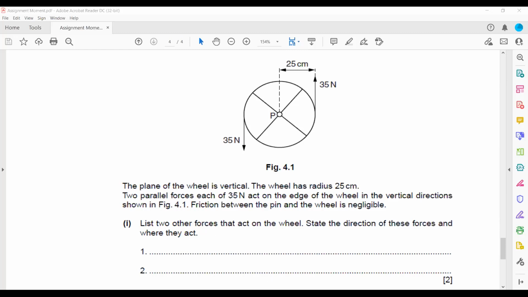So what will be the two forces that act on this wheel? Number one, there will be the weight of the wheel, which will act downward. And there will be a normal contact force, because it's in contact with the pin.